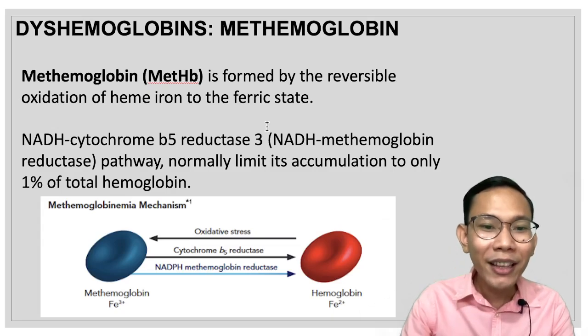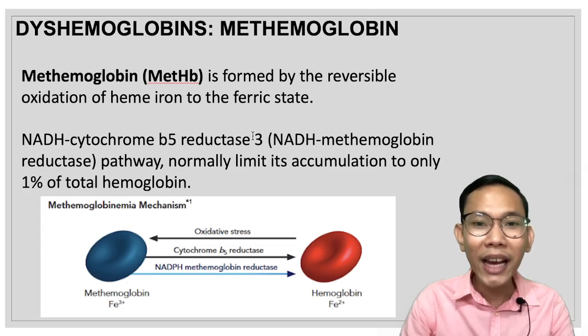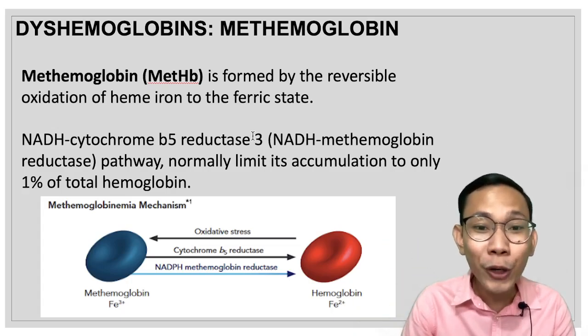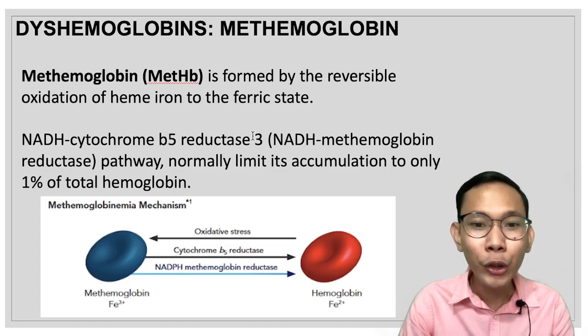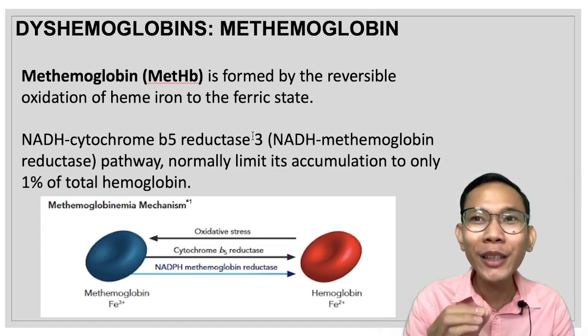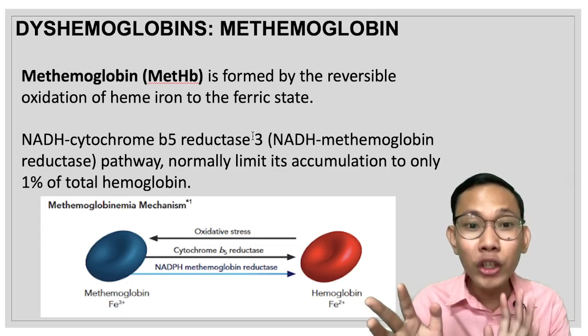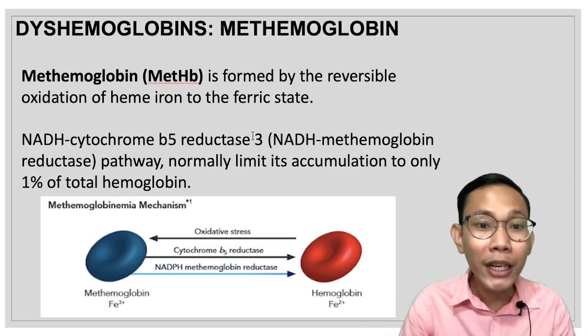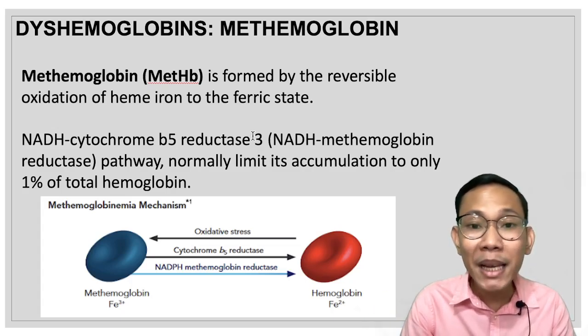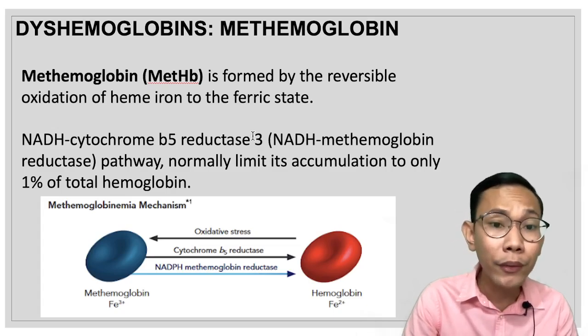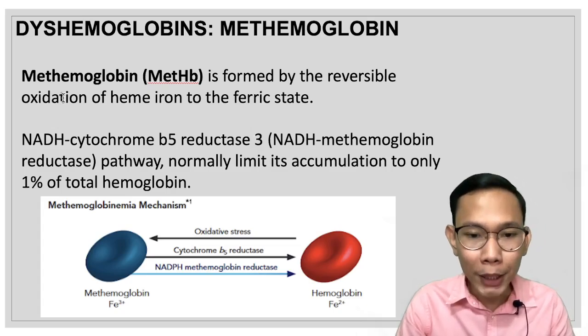Our inherited type is a mutation of cytochrome B5 reductase 3, and the other term for that is hemoglobin M, or HbM. Later in our hematology discussions, you will learn about hemoglobin M. Basically, that is just the inherited form of methemoglobin.